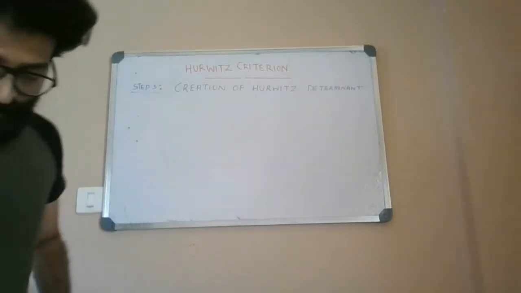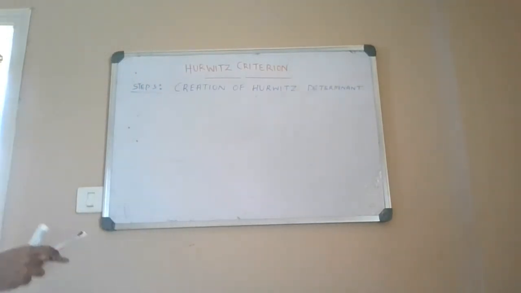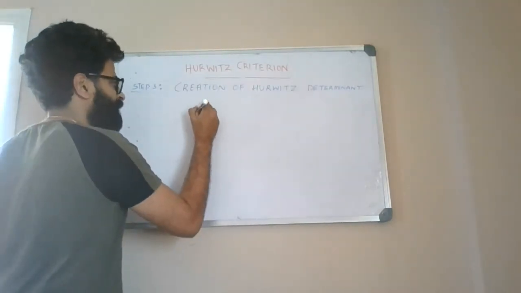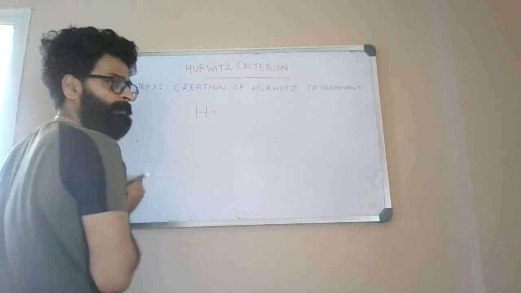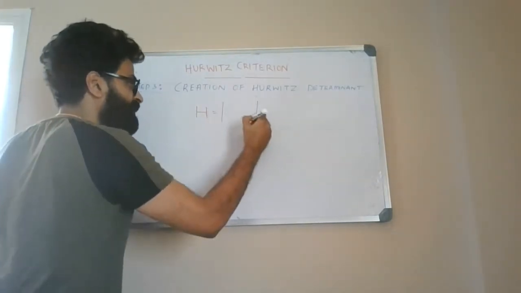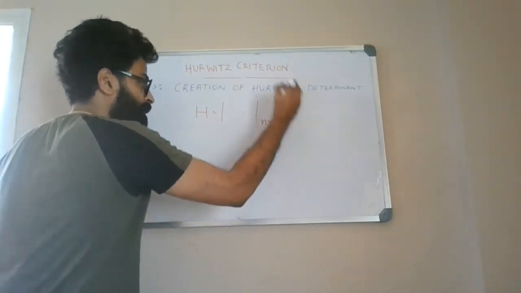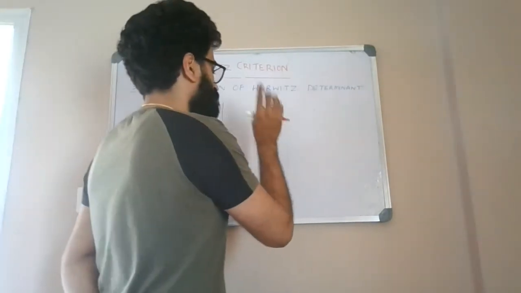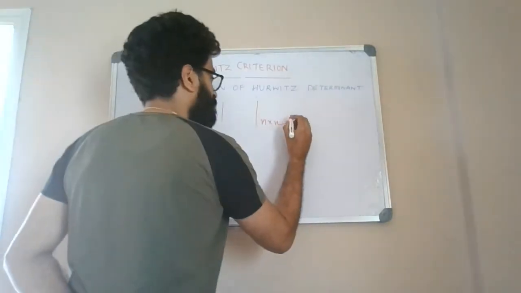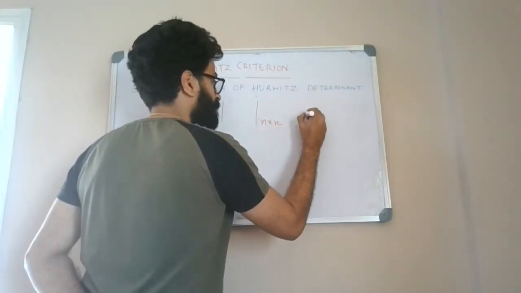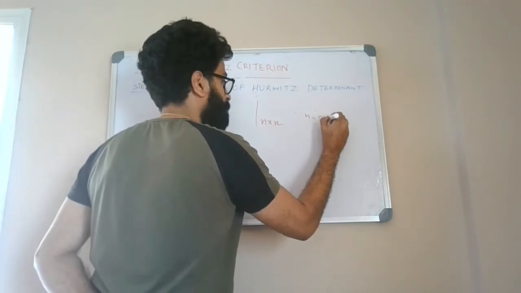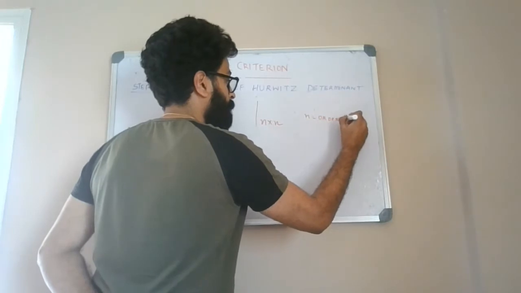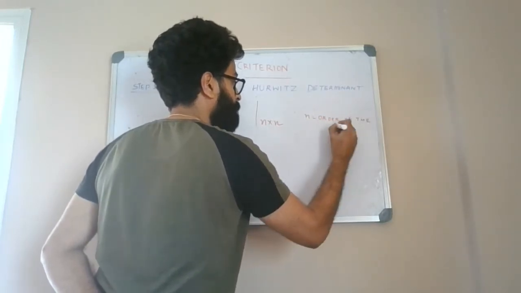So that's your step 3. Now, your Hurwitz determinant is denoted by H, and the dimension of the Hurwitz determinant is always n cross n, where n is nothing but the order of the system.